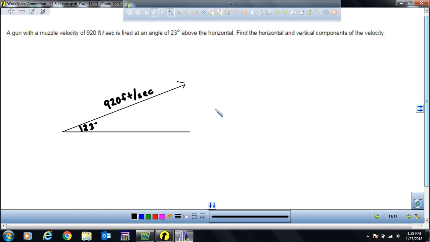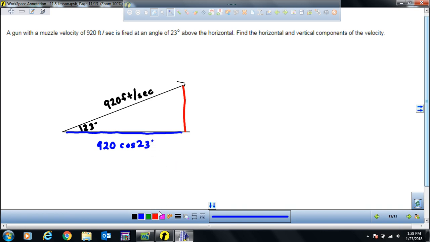So now what I want is to find the horizontal component of the velocity, which is this, and the vertical component of the velocity, which is this. Remember, the formula to find the horizontal component is the magnitude, which is 920, times cosine of the angle, which is 23 degrees.